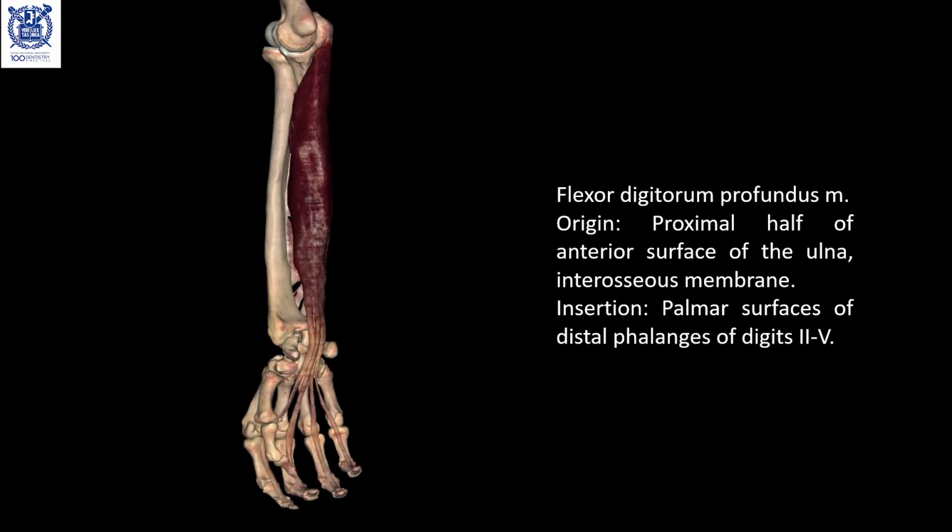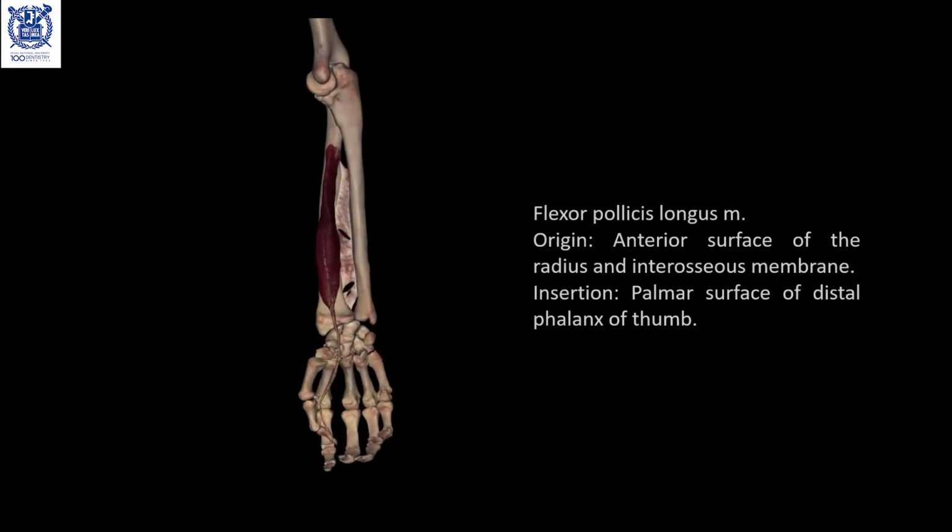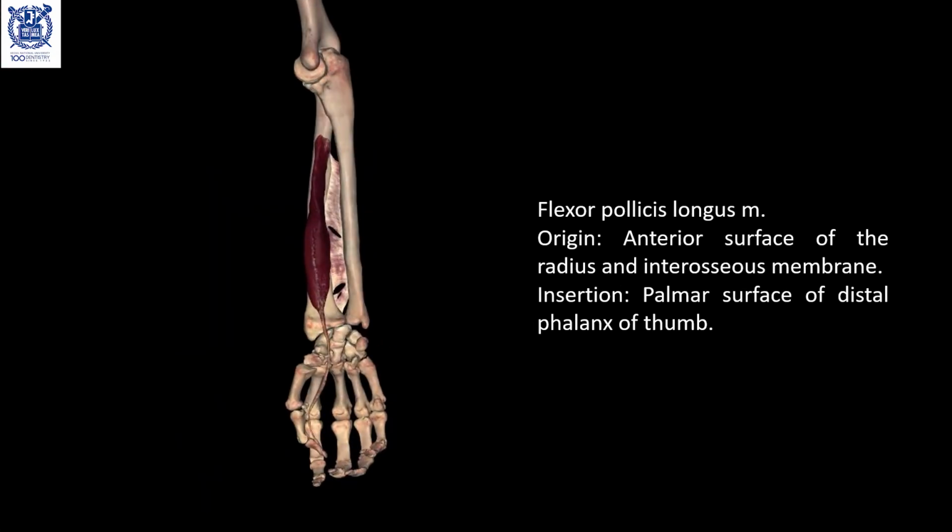Insertion, palmar surfaces of the distal phalanges of the second to fifth digits. Flexor pollicis longus muscle. Origin, anterior surface of the radius and interosseous membrane. Insertion, palmar surface of the distal phalanx of the thumb.